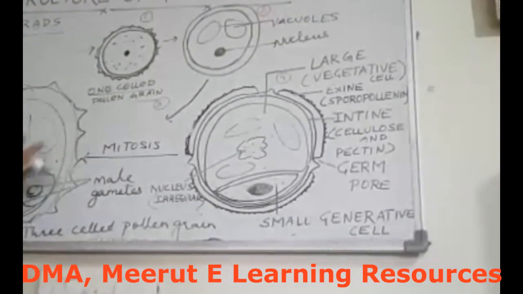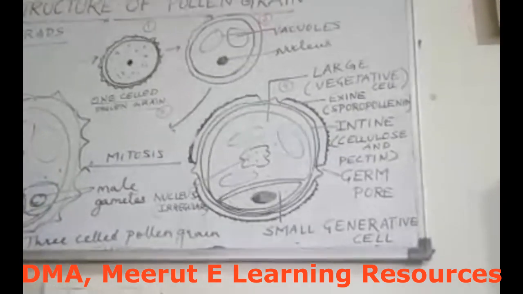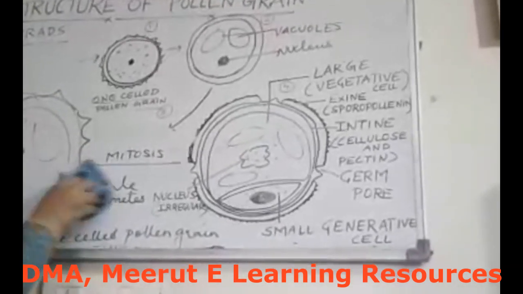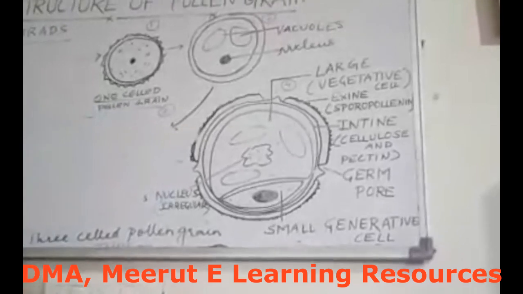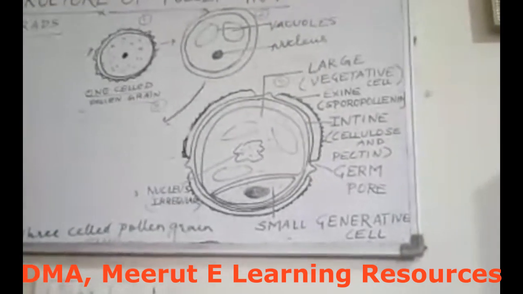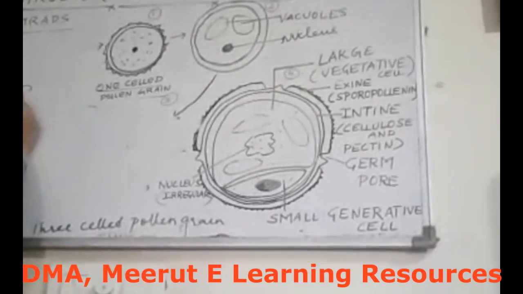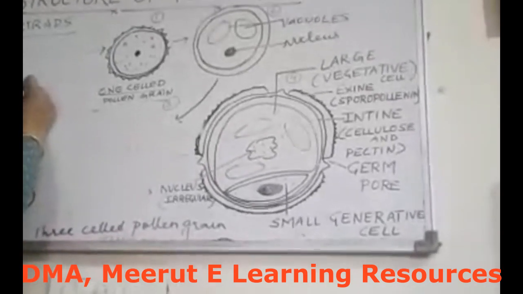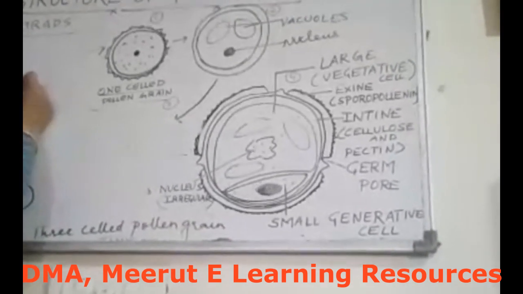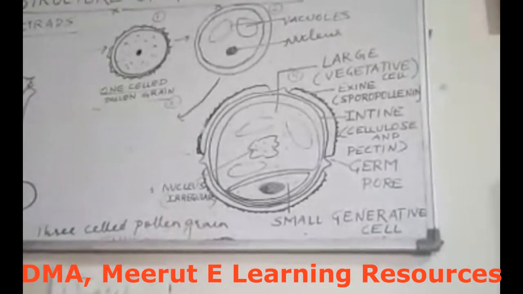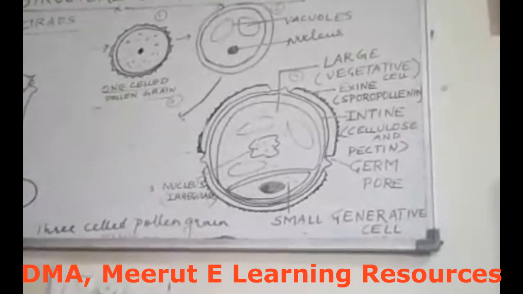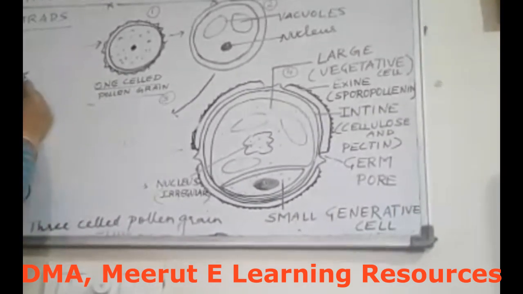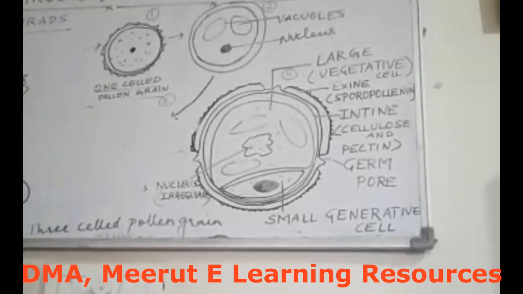Now the whole content of the pollen grain is drawn out in the form of a pollen tube when the pollen grain is deposited on the stigma. The compatible pollen grain germinates on the stigma by taking nutrients secreted from the stigma, and a pollen tube arises from the germ pore.